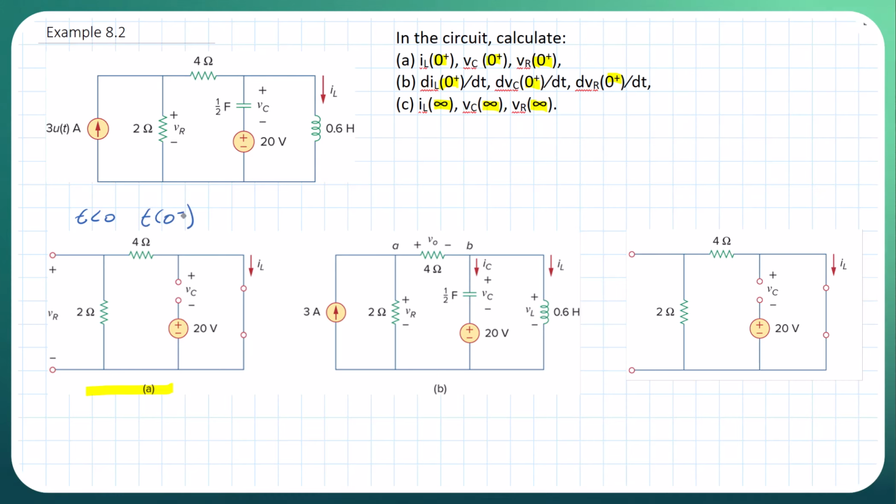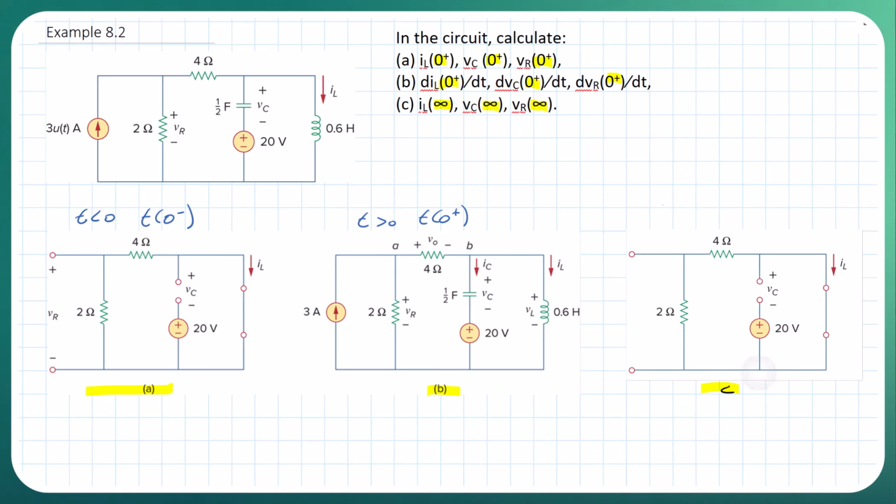The second stage is t right after 0, t0 plus. And then we have our third stage, which we can call C, and this is t equal to infinity.